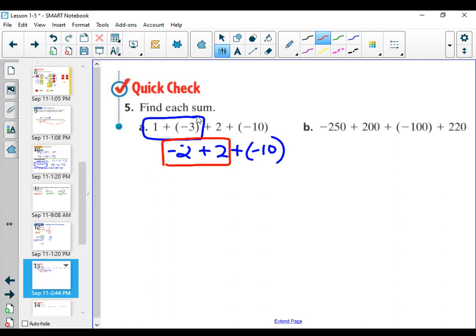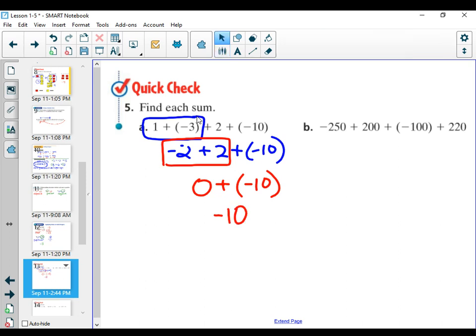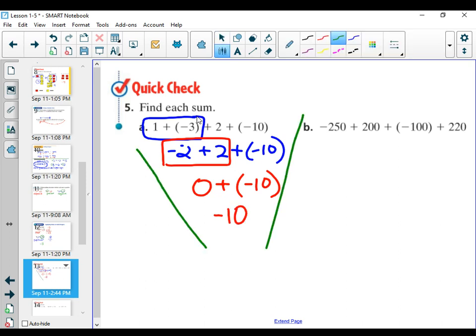Oh, an equal amount of positives and negatives. Nothing. Final answer, negative 10. Notice I'm still using that upside down triangle, funnel, tornado situation to show my work.